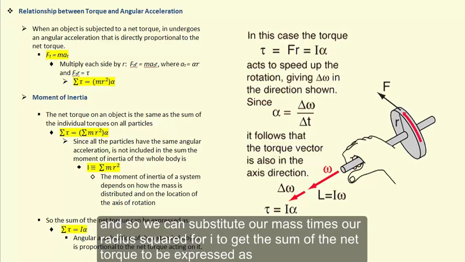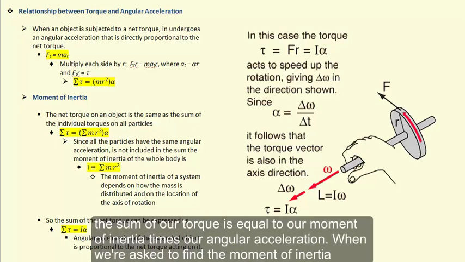And so we can substitute our mass times our radius squared for I to get the sum of the torque equal to our moment of inertia times our angular acceleration.